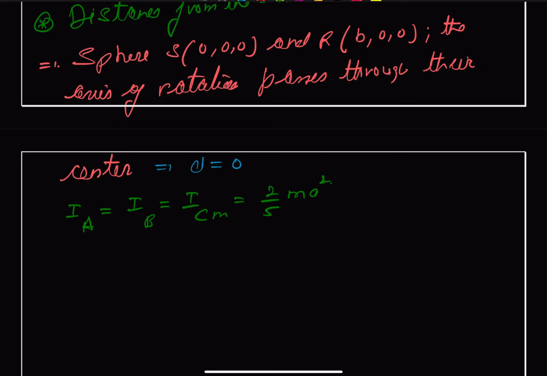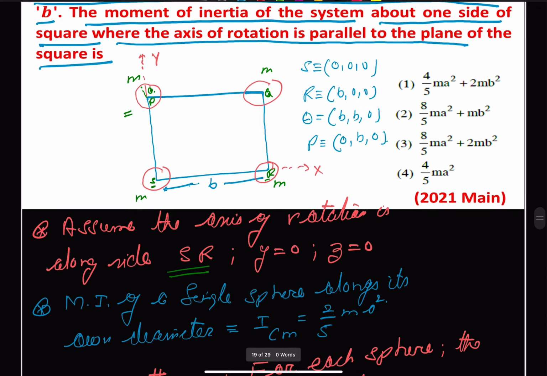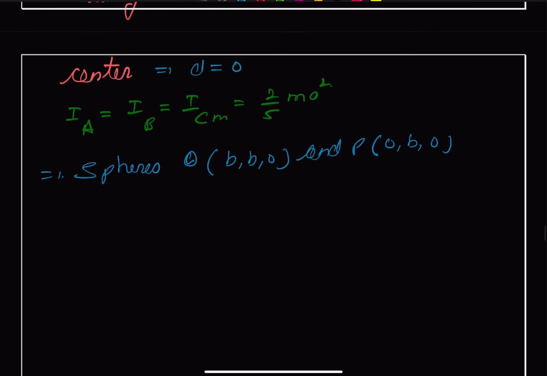Now we are left with two other spheres, P and Q. Q is B comma B comma 0, and P is 0 comma B comma 0. The perpendicular distance is d.